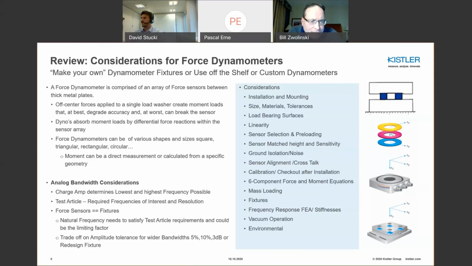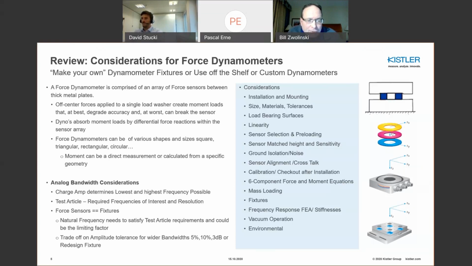The test article obviously tells us what we need to do our analysis, to do our measurements. And then lastly, the force sensors and fixtures that are developed basically try to achieve the test article requirements. And sometimes that's easily done, sometimes not so easily done, depending on the application.